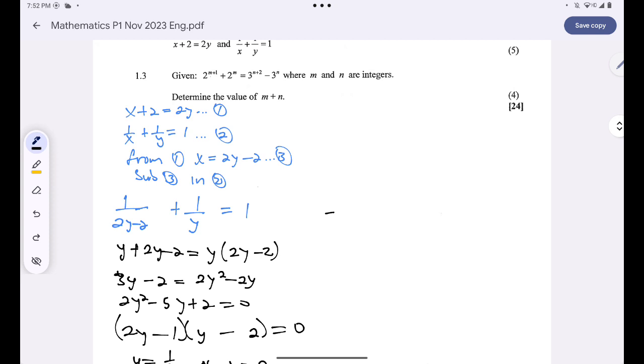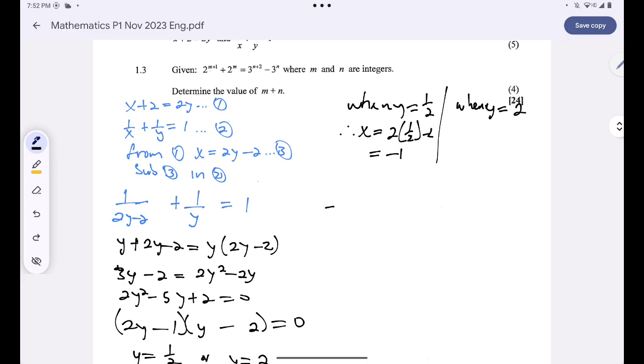When y is equal to a half, therefore x is equal to 2 multiplied by a half minus 2. This will give me negative 1. Then when y is equal to 2, x will be equal to 2 multiplied by 2 minus 2.